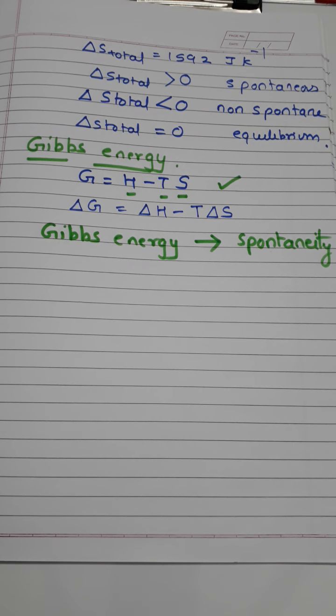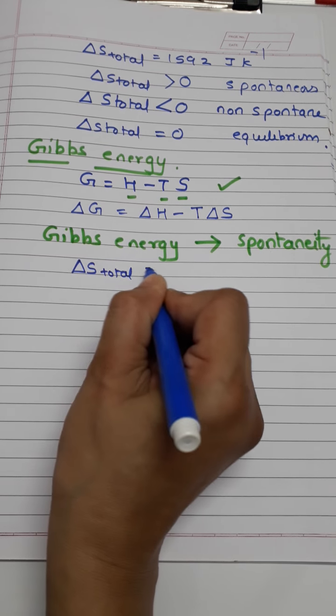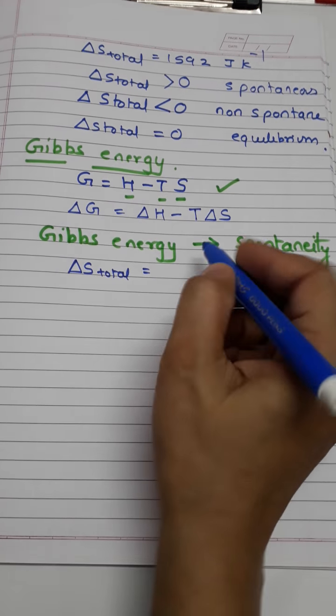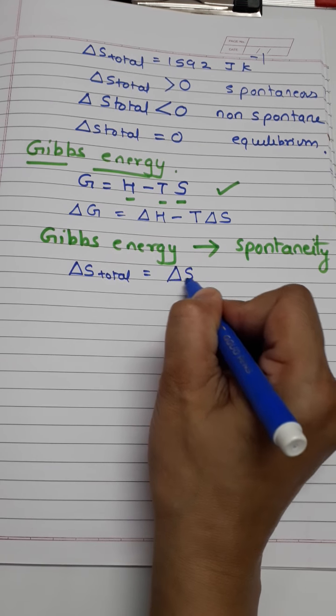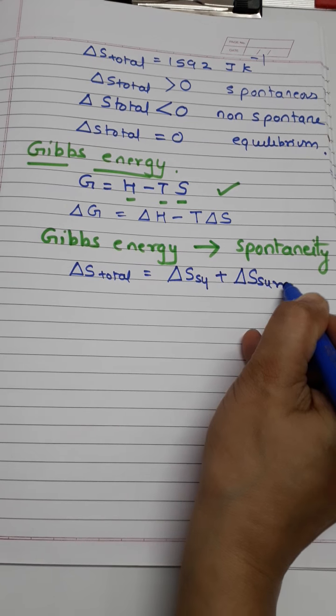We all know that delta S total means the entropy change of system plus entropy change of surrounding.